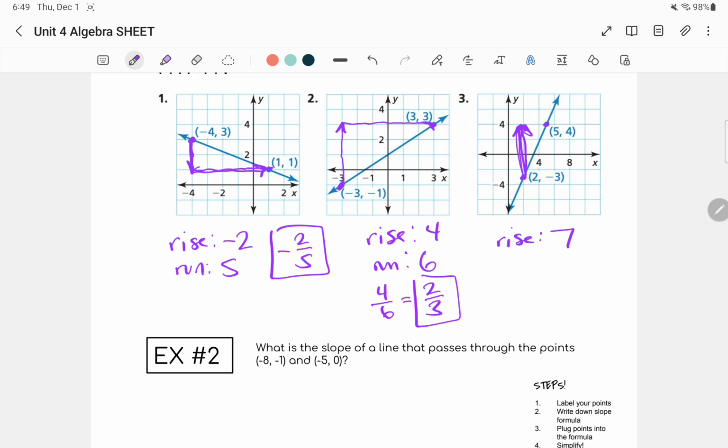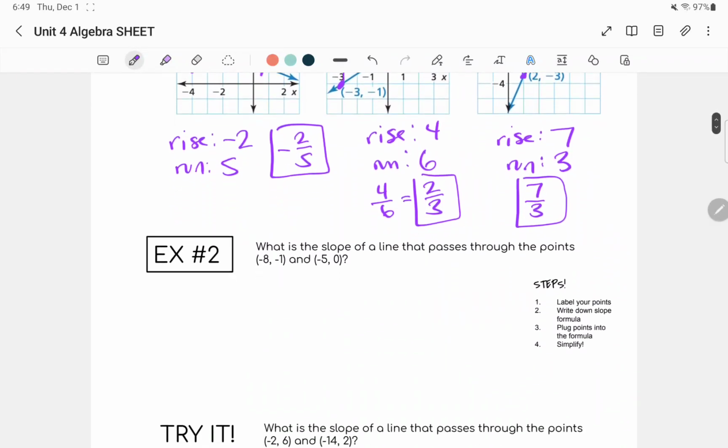So my rise is 7. And then I'm going to run 3 because my X's are 2 and 5. So usually you can just count over boxes, but if you can't, make sure you look at the X and Y values. So my rise over run is going to be 7 over 3, and I can leave it like that.